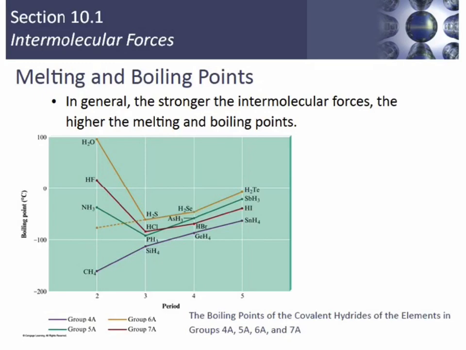What you see here is our melting and boiling points, and you see that the higher your melting point and your boiling point, the stronger the intermolecular forces. So if you have a high melting point, then you have a strong intermolecular force, because it's taking a lot of energy to go from solid to liquid.